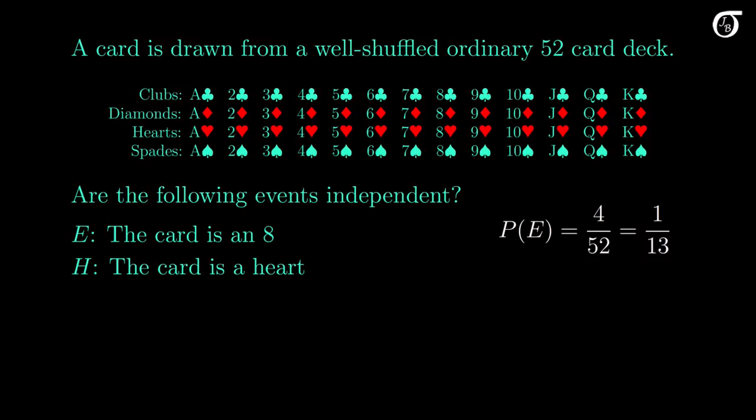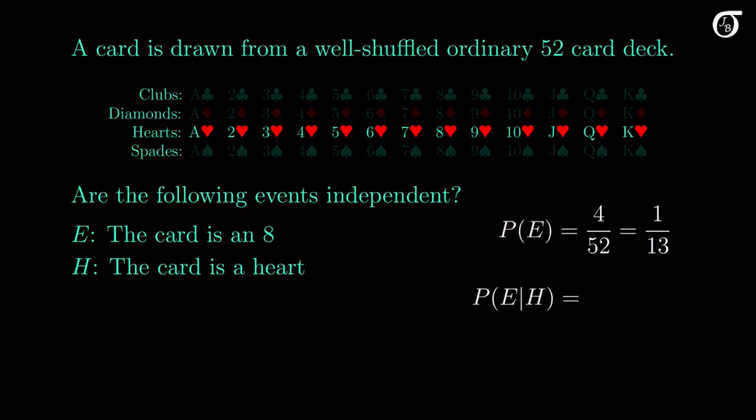The probability of drawing an 8 is still 1 out of 13, of course. Now, if we condition on the card being a heart, that reduces the sample space down to just the 13 hearts, just these 13 equally likely cards. What is the probability the card is an 8 in this reduced sample space? One of the 13 equally likely hearts is an 8, so the probability the card is an 8, given it is a heart, is 1 out of 13.